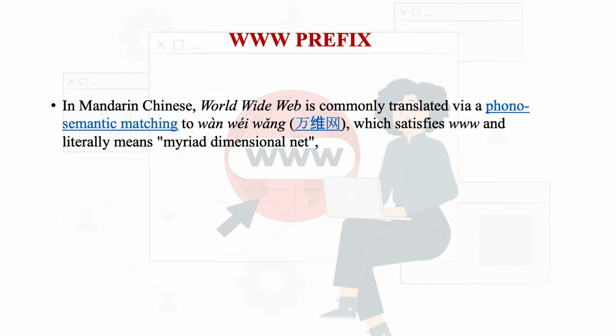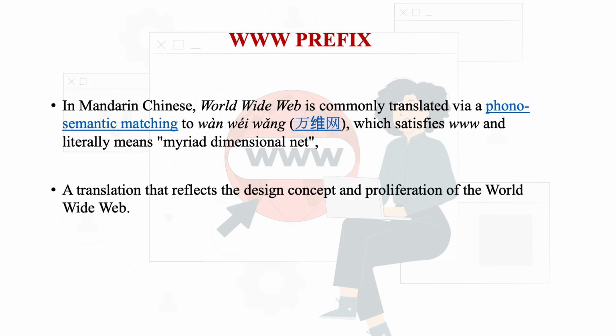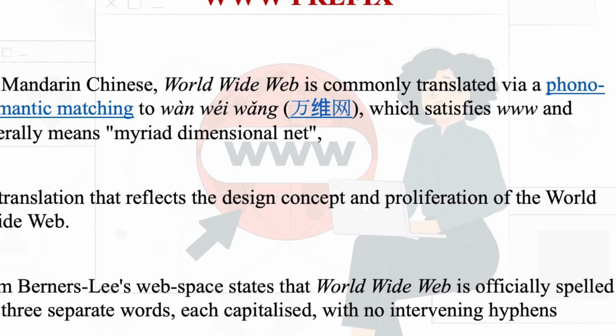In Mandarin Chinese, World Wide Web is commonly translated via a phono-semantic matching to Wan Wei Wang, which satisfies www and literally means "myriad dimensional net", a translation that reflects the design concept and proliferation of the World Wide Web. Tim Berners-Lee's web space states that World Wide Web is officially spelled as three separate words, each capitalized, with no intervening hyphens.